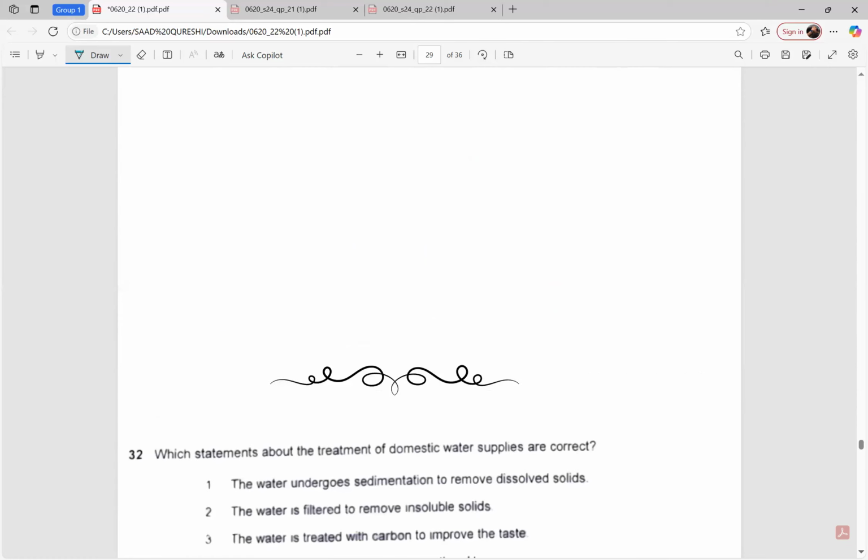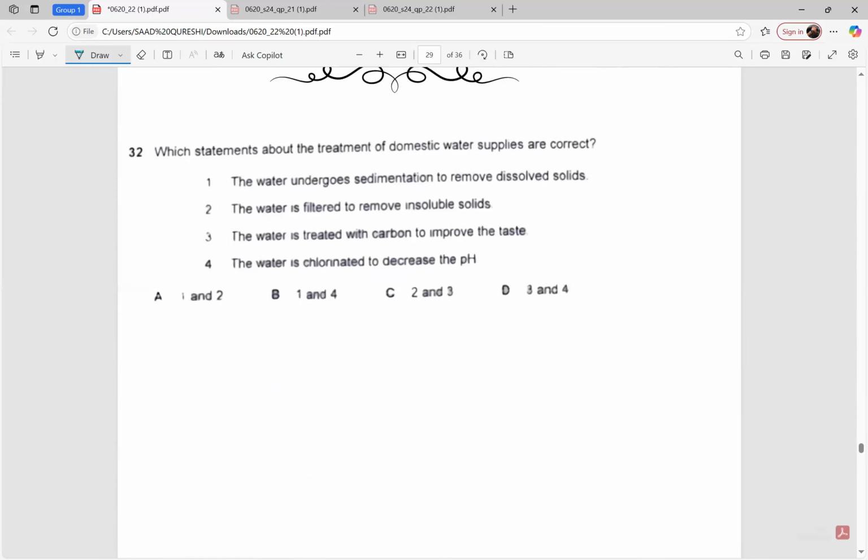Which statement about the treatment of domestic water supplies is correct? The water is chlorinated to decrease the pH. No, they are chlorinated to kill microorganisms. The water is treated with carbon to improve the taste. This is correct because there are certain dissolved chemicals in the water which are responsible for odd odor and taste.